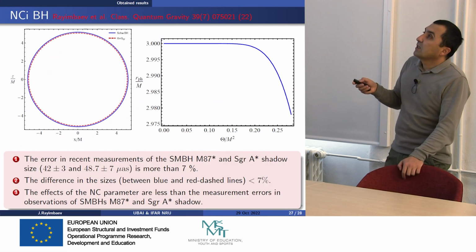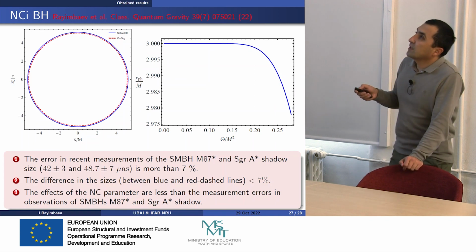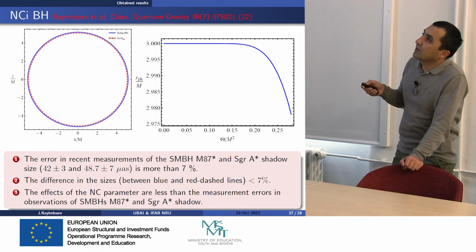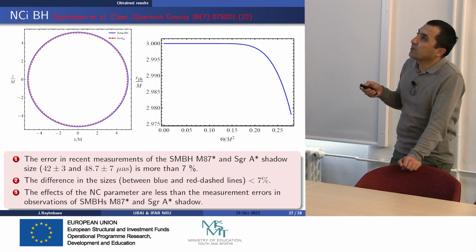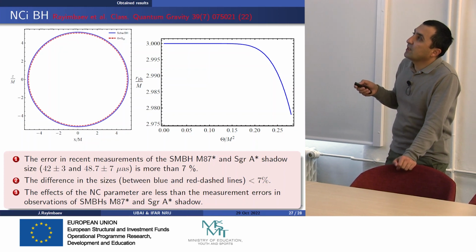And we also studied the shadow of the non-commutative black hole, and we can see there is a very small difference.